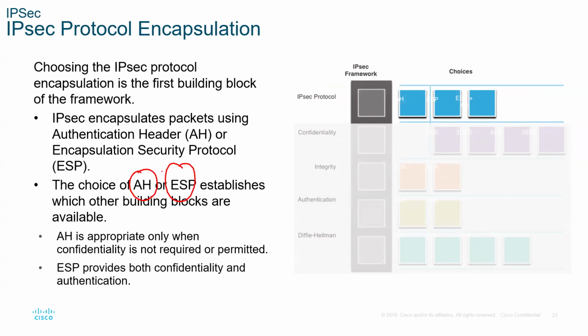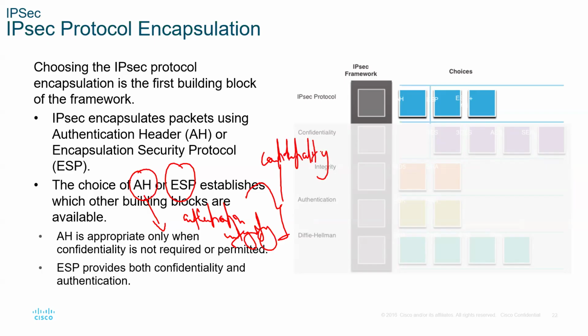If you use encapsulation AH, it means what you are catering for is only authentication and integrity. It means confidentiality is not an issue here.